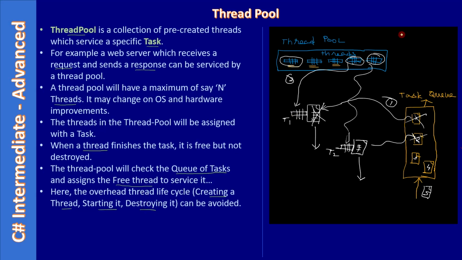That means they will be created and kept in a thread pool, and they will be there for a long period of time, servicing the task queue. So the overhead here means each time you no need to create a thread, start it and destroy it. This will save time when you are using the thread pool. So the overhead of thread lifecycle can be avoided when using the ThreadPool.